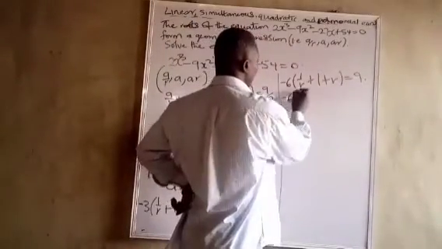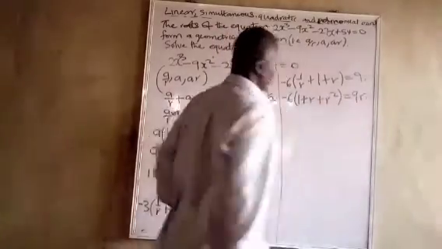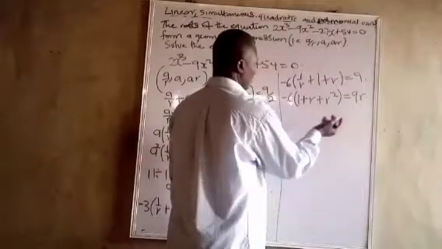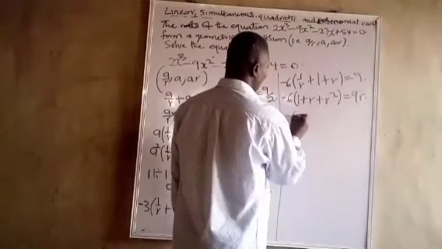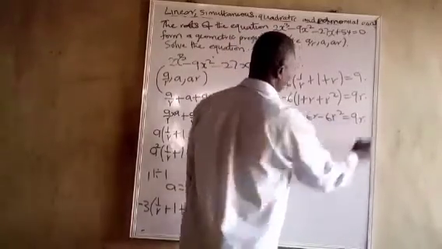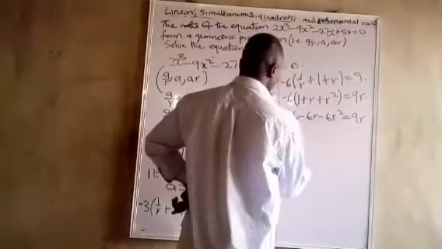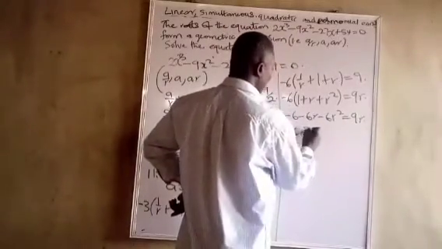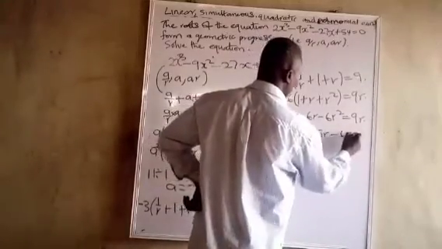So I have minus 6 into 1 plus r plus r squared is equal to 9r. This will be minus 6 minus 6r minus 6r squared is equal to 9r. Let me bring this one here now. That will give me minus 6r squared minus 15r minus 6 equals 0.